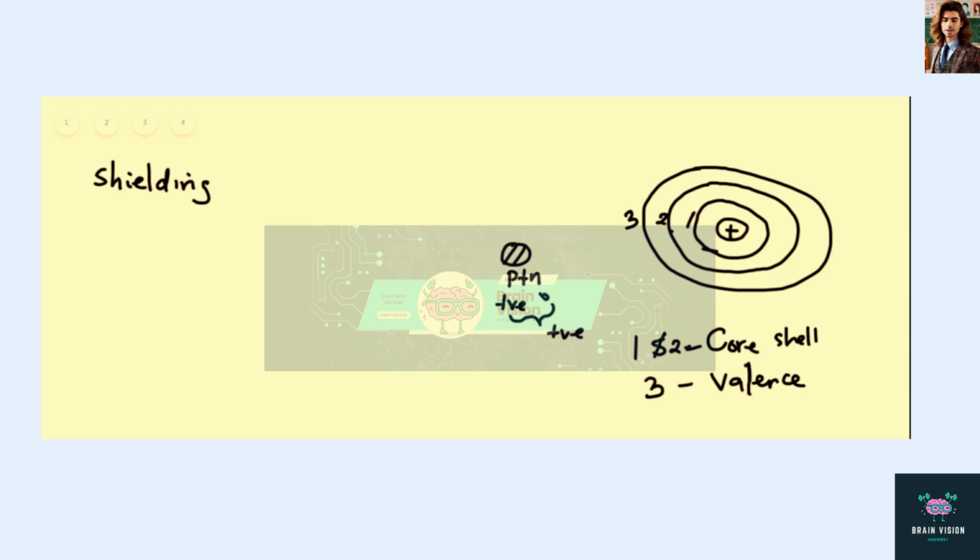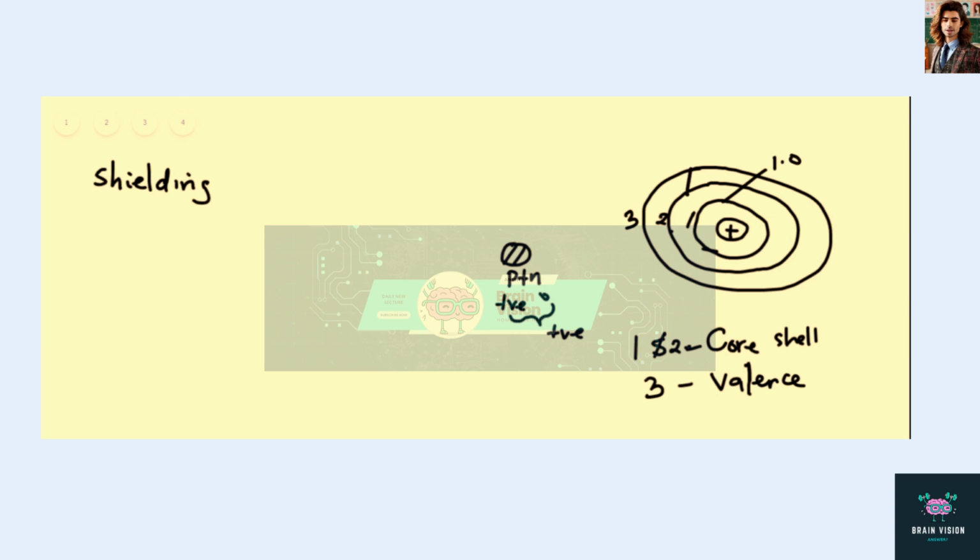It does more shielding, and mathematically you can calculate the effective nuclear charge that is felt by an electron in a particular shell or orbital using the screening constant. From experience, I think the screening constant for an electron in the first shell is like 1.0.